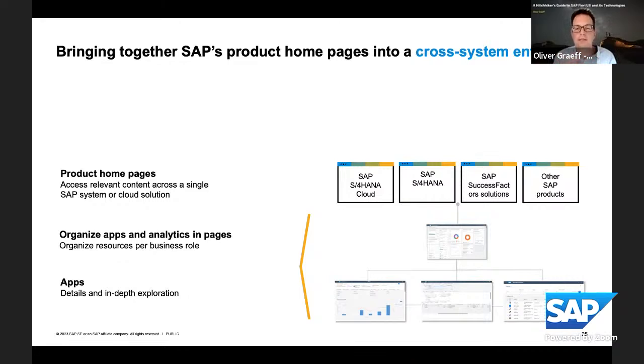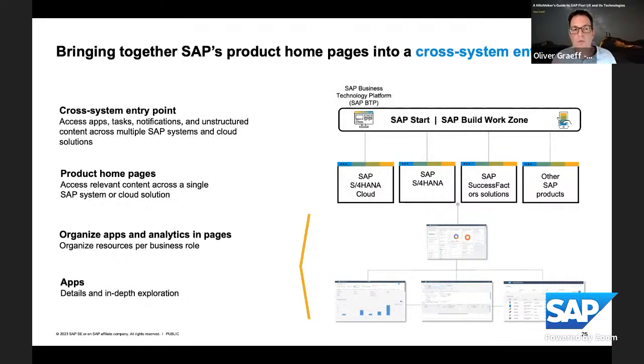This is a single system scenario, and you can use the single system without any further solution, right? But if you have many systems, you might want to have an entry point for all of them. So if that is a requirement, we go further up and have a cross-system entry point.